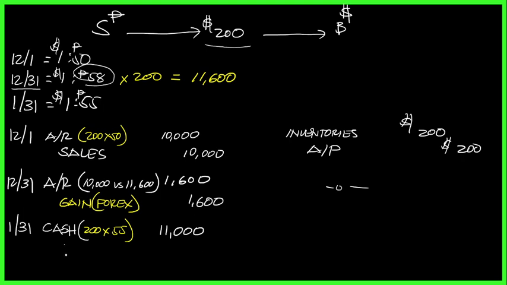You will credit accounts receivable, which was previously recorded at 10,000. It's now 11,600, because 10,000 plus 1,600 is 11,600. And we still have a difference of 600. This is now your loss, or your forex loss.